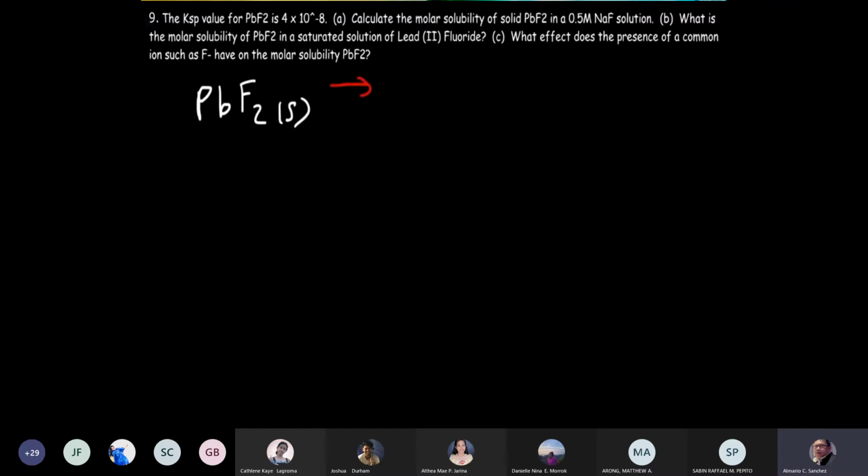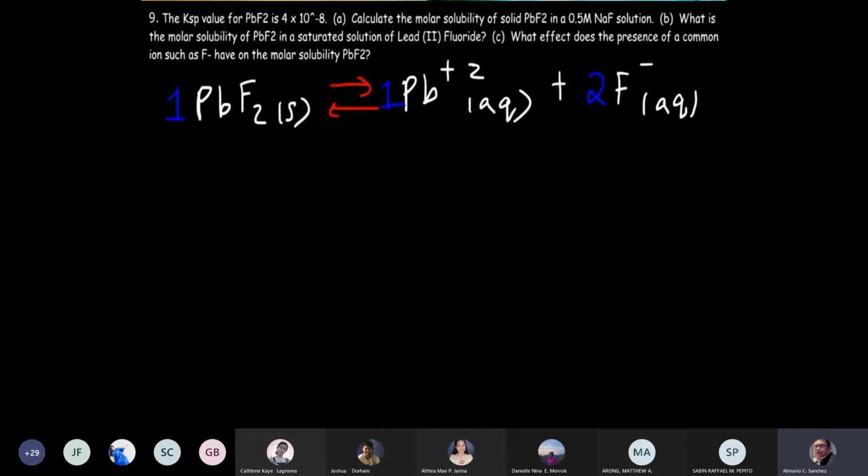Lead fluoride will dissociate into lead ions and fluoride ions. Now we need to balance the equation. So this is going to be 1, and then we need a 2 in front of fluoride.